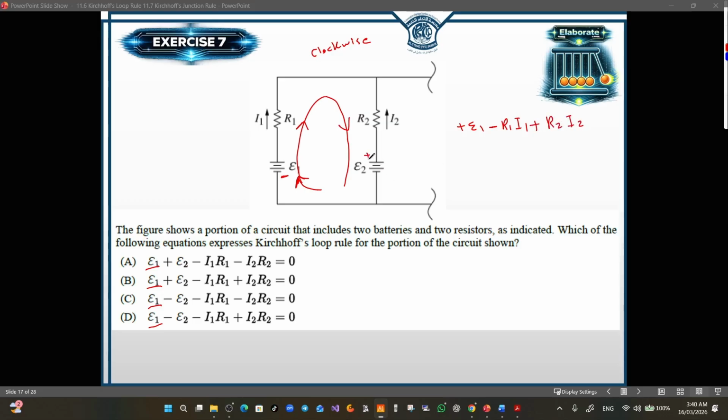And finally, we are entering the positive terminal of the battery, which means the electromotive force here should be written with a negative sign, equals 0. Reorder the equation again: E1 minus E2 minus I1 R1 plus I2 R2 equals 0. And the correct answer should be B.